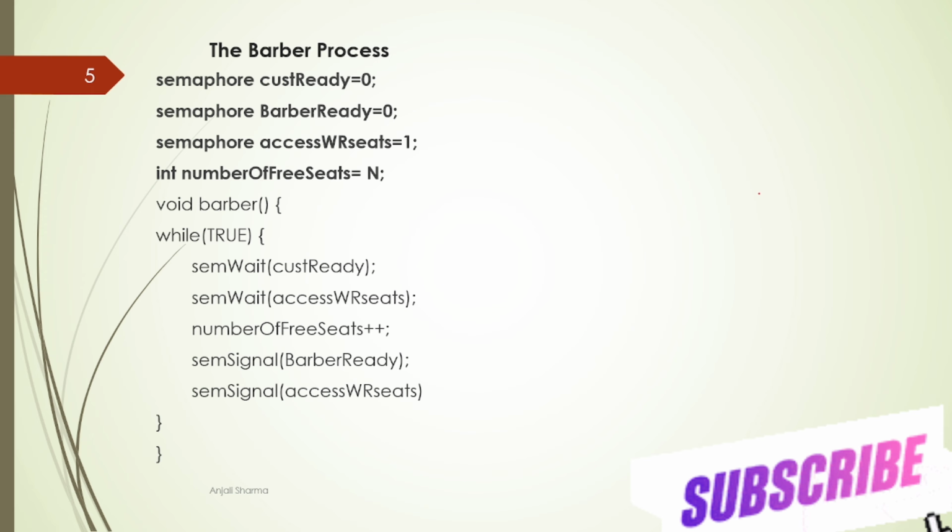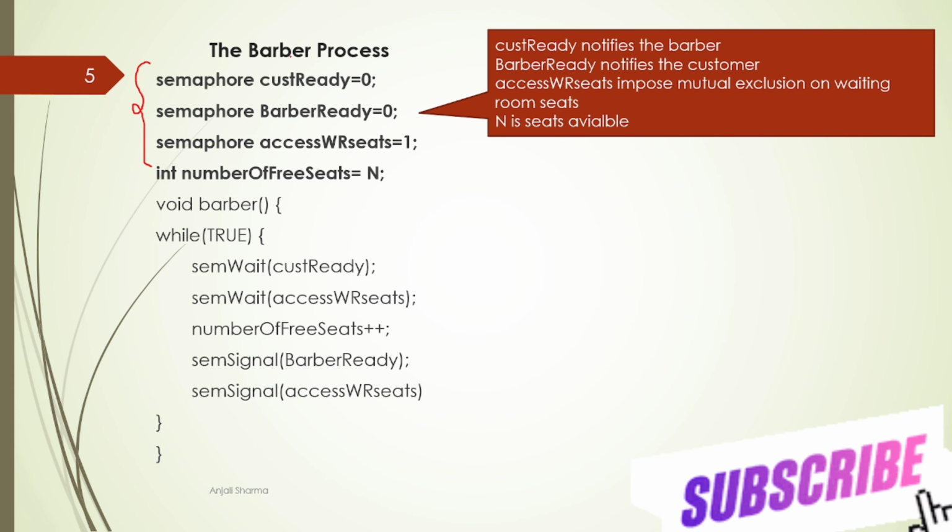Now you can see the bold portion, that is this one. Here we have certain variables defined. The first variable that we have with us is the semaphores, right? So we have 3 semaphores over here. The first one is cust ready, that is customer ready, which is initialized to 0.